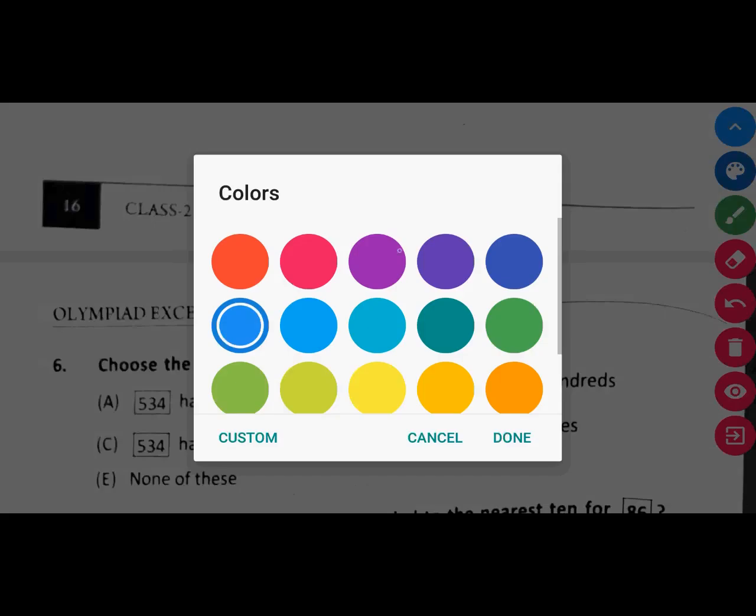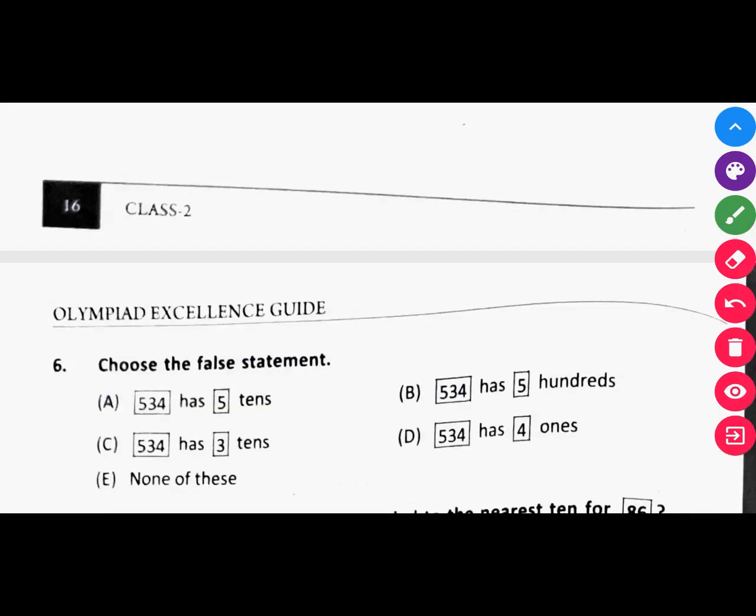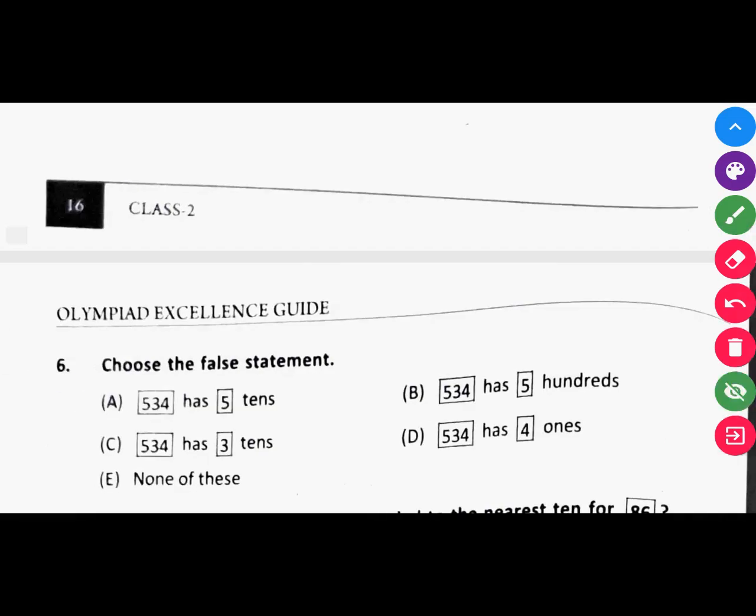Now the next question is, choose the false statement. We have to choose the false statement here, not a true statement. Now 534 has 5 tens. Now see, the number is 534. Carefully name the places: unit or ones, 10 and 100.